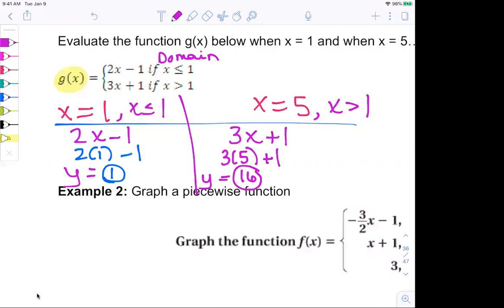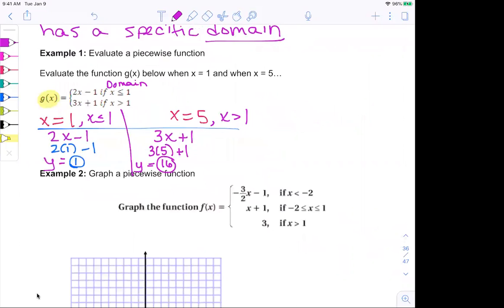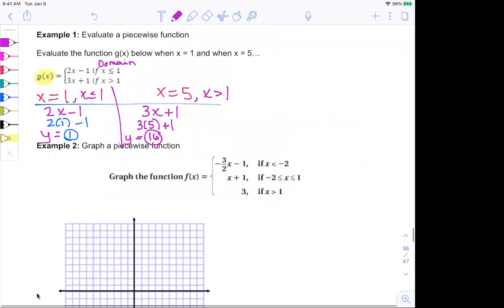All right, so now we're going to see if we can take this piecewise function and try and graph it. Maddie, question? So I was wondering, are we trying to find g of x in the end, or is this equation done once we find the 2 y values? Once you find the 2 y values, yes, you're done. And really, that y value, that's what g of x really means.